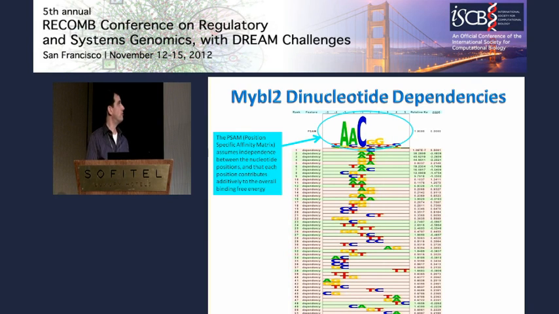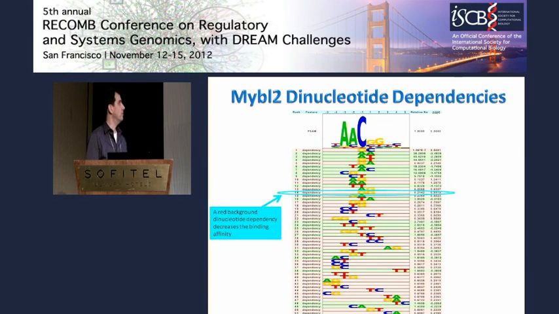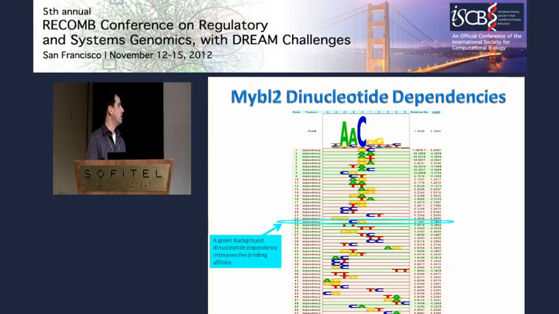And so we start off with, again, the positional independence model, which is a PSAM, and again, it assumes independence between the positions. And then beneath it, we have a sorted list of dinucleotide correction terms, where a red background corresponds to a term that decreases affinity, and a green term is a dinucleotide dependency term that increases binding affinity.